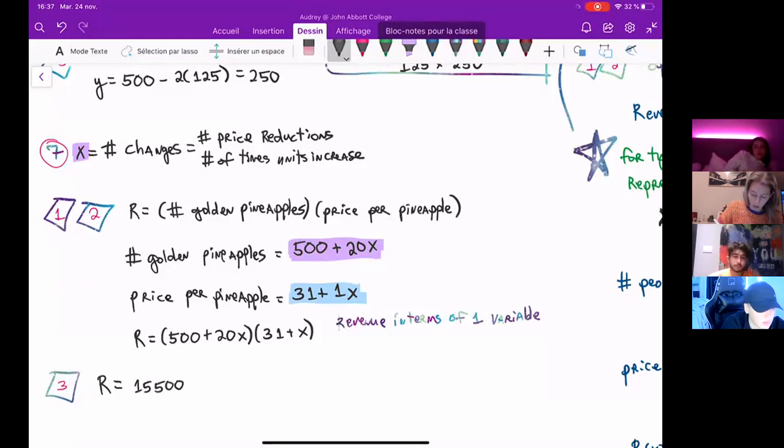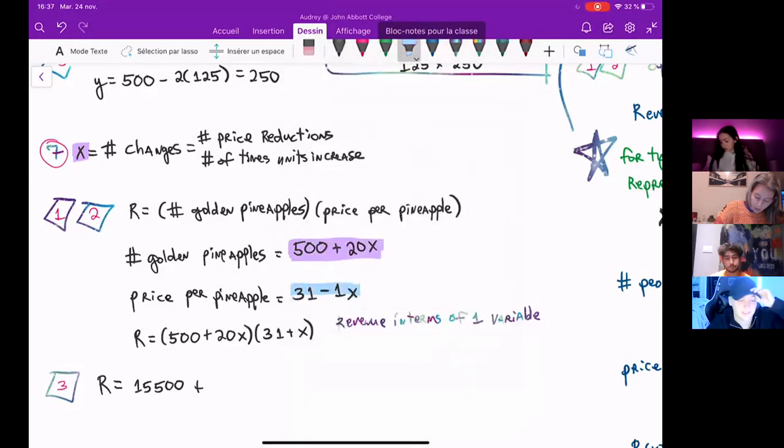And then I'll have plus, am I increasing the price or decreasing the price? Decreasing by $1, no? So I'm decreasing my price. So what's wrong with my price per pineapple that I have there? -1. It should definitely be -1. Good job, Michael.